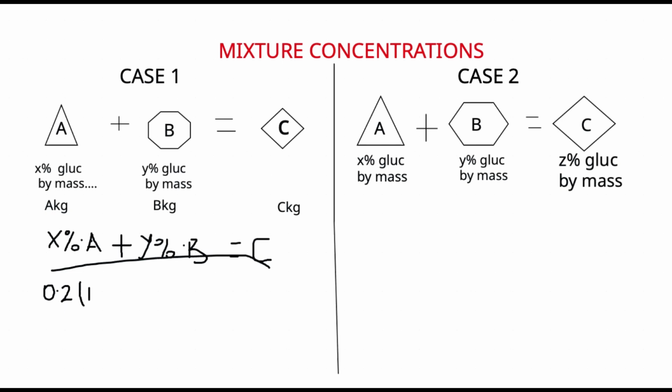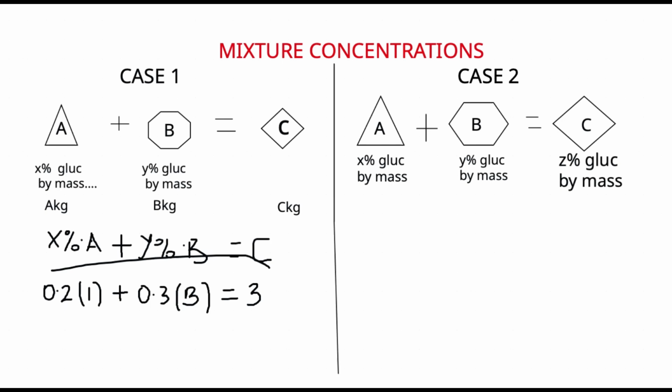It is added to another solution which has 30% glucose by mass, so you have 0.3 multiplying the mass. We are not given the mass of solution B, so you put B there for it. The mass of the resultant solution is 3 kilograms. You're asked to find the mass of the second solution, solution B.